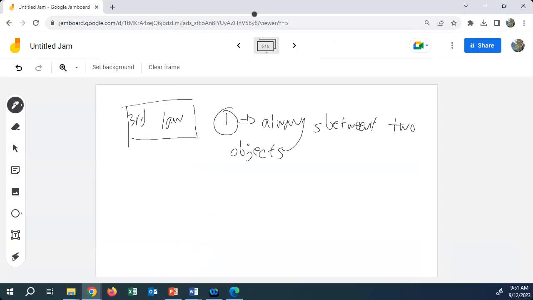If we have two objects, we can talk about Newton's third law. So what is Newton's third law?